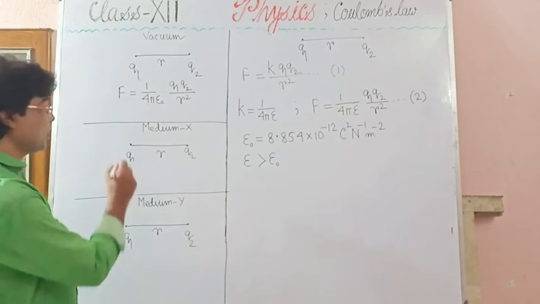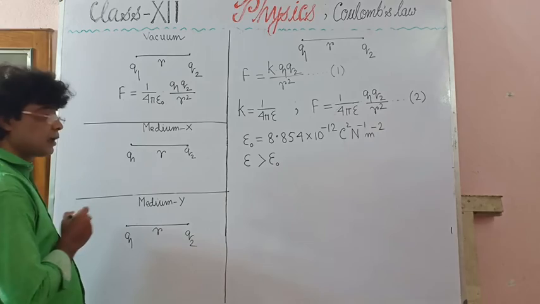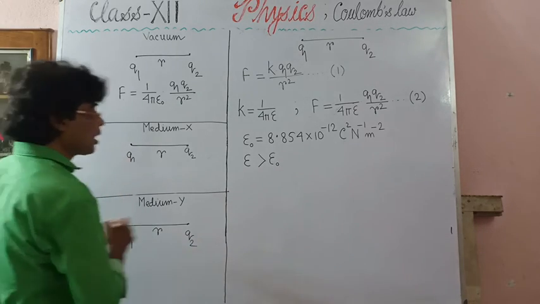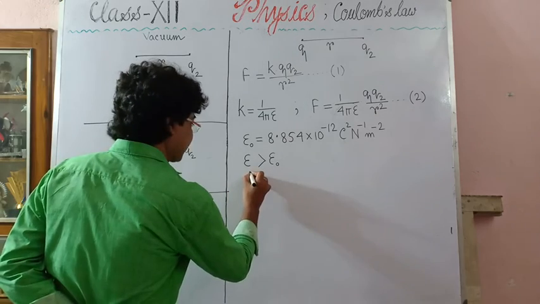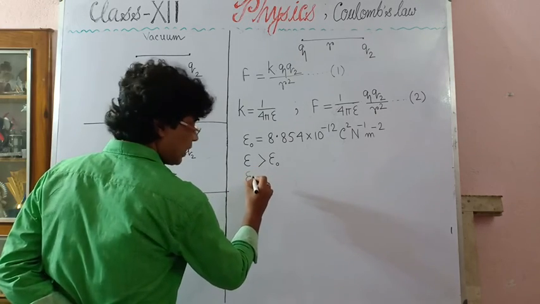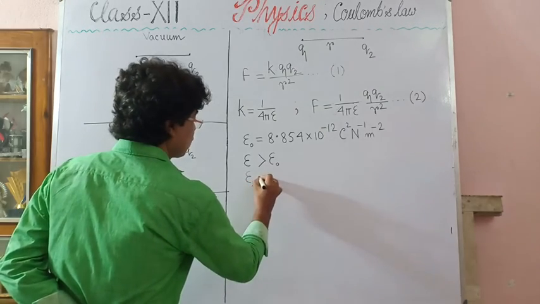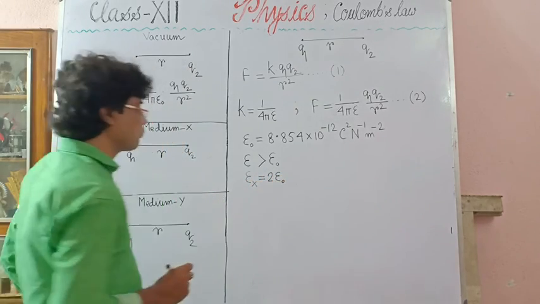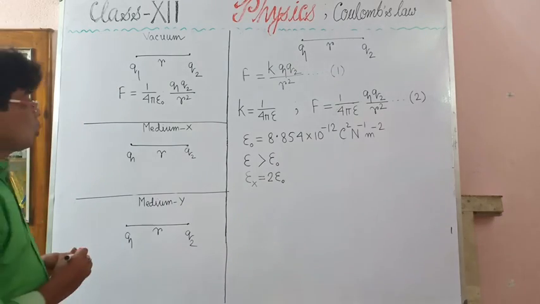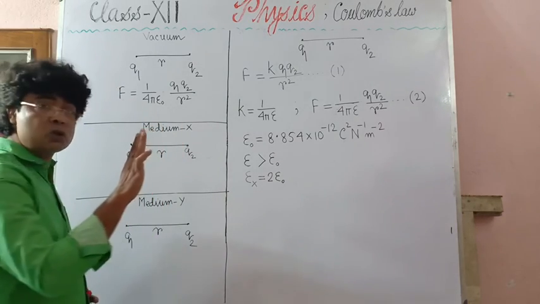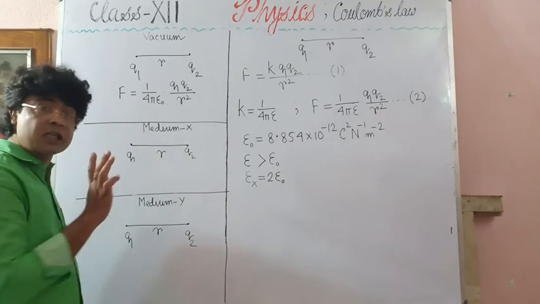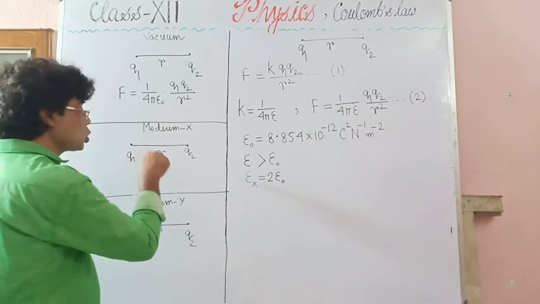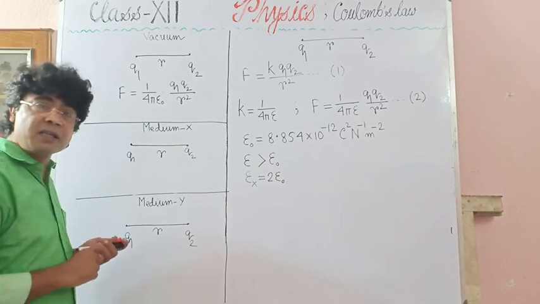Now, if we consider that the absolute permittivity of medium X is epsilon X, which equals 2 epsilon 0, then what will be the electrostatic force between the two point charges when situated in medium X?